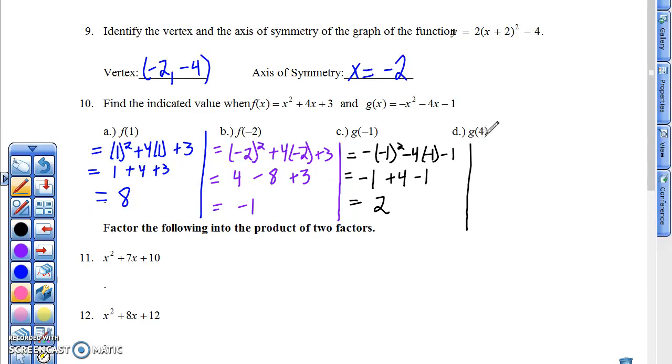And then my final one, substituting 4 into my g function as my input, negative of 4 squared minus 4 times 4 minus 1. Negative 4 squared is 16. 4 times 4 would be a minus 16. And then still minus 1. So negative 16 minus 1 would give me overall a negative 33.